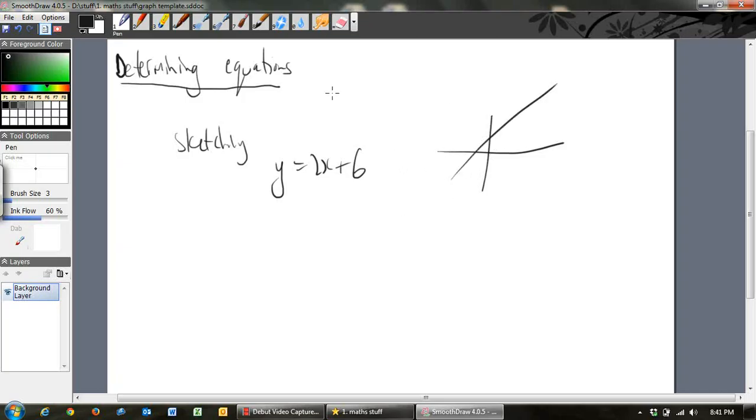When sketching, we were given the equation and we drew a graph. What determining is, we're given a graph or some points, and we're going in this direction. In other words, we're given a graph and we need to figure out what the equation is.